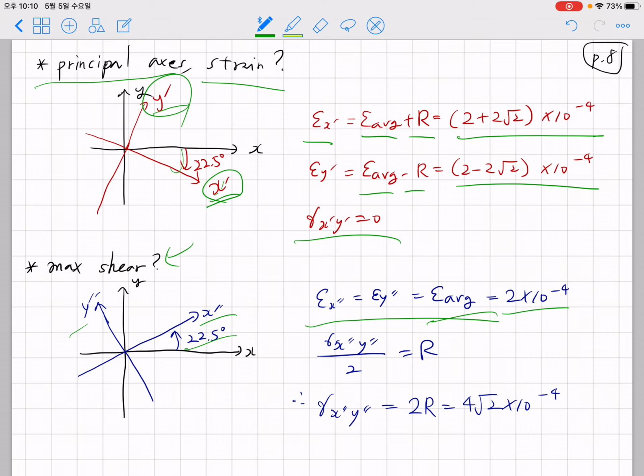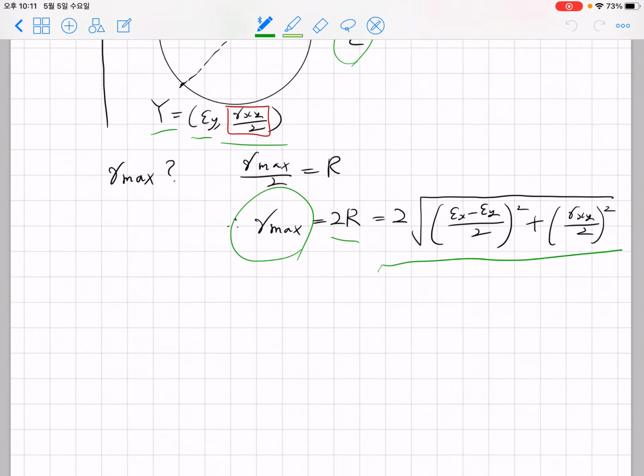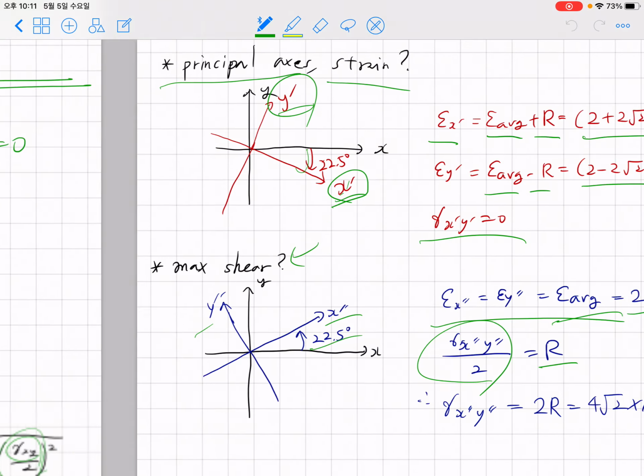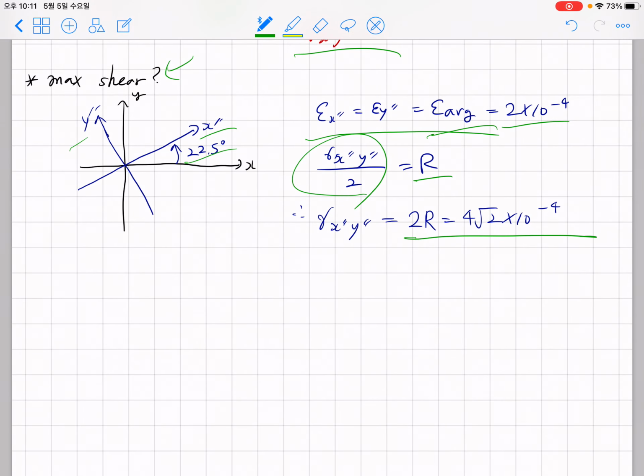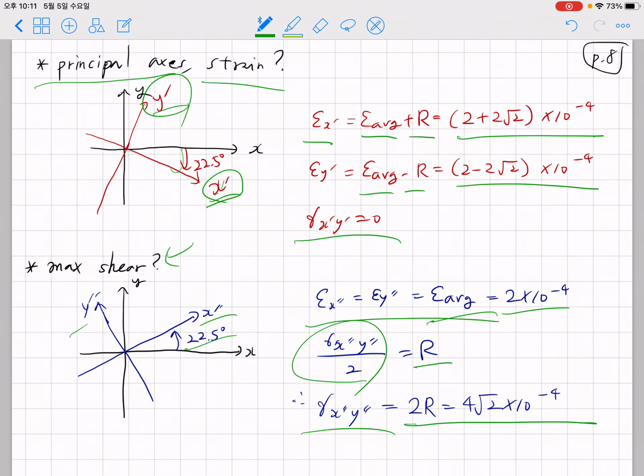Regarding the maximum shear strain, gamma x double prime y double prime divided by 2 equals the radius of the Mohr circle, as I told you here. If you multiply by 2, you can obtain the value for the maximum shear strain. Okay, so that's the application of the Mohr circle for strain.